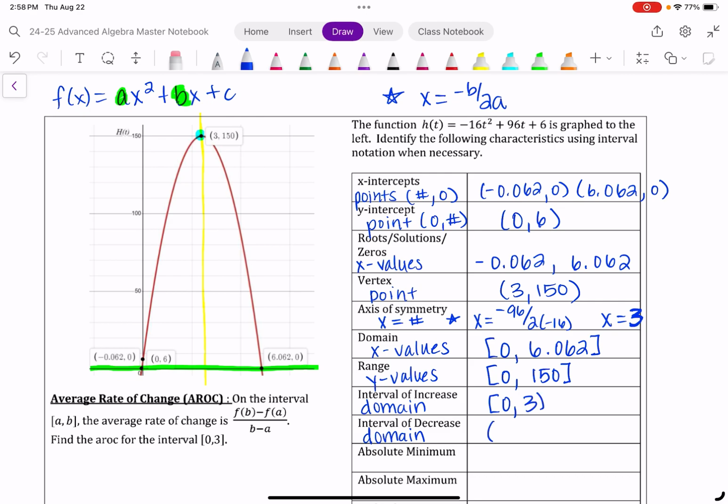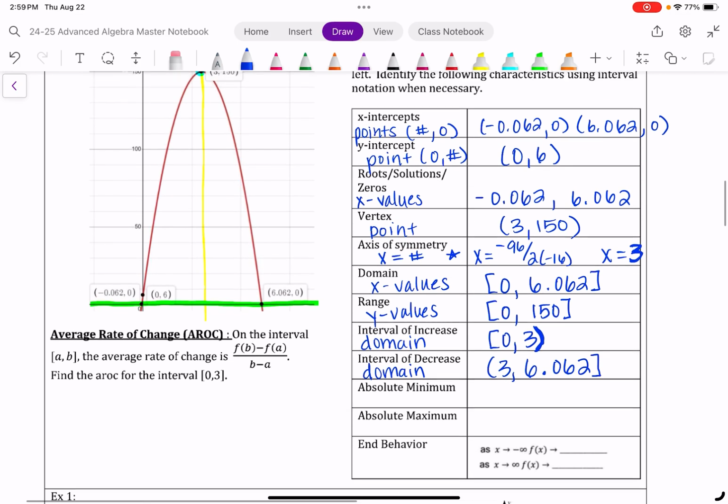And then at 3, we start going down the roller coaster hill till we get to 6.062. Now 3 gets a parenthesis, even though it's a point, because technically at 3, it's doing two things. It's increasing and decreasing. That is called a turning point, which we will talk about later on.